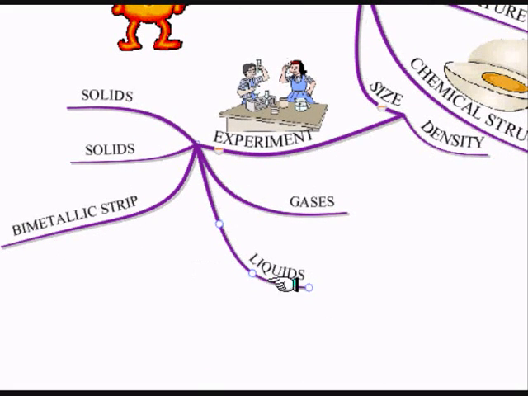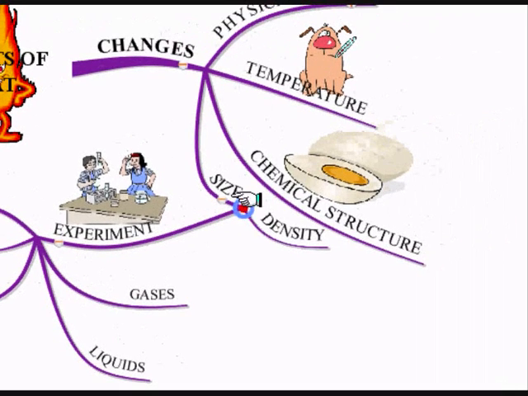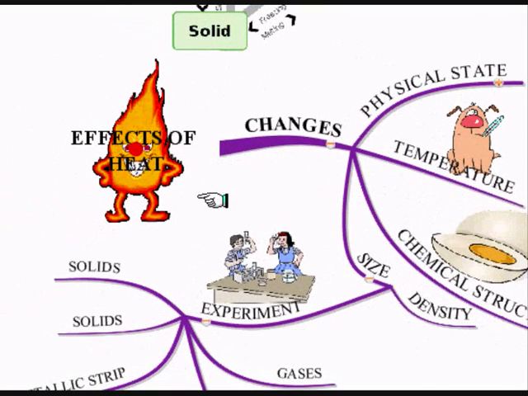Then in the fourth experiment, you will see that liquids also expand on heating and contract on cooling. And finally, in the fifth experiment, you will see that gases expand on heating and contract on cooling. You will also learn that when the size increases, there is a change in the density of the substance. A change in size of the substance causes a change in density. You will see why. Okay, so now let's get started.